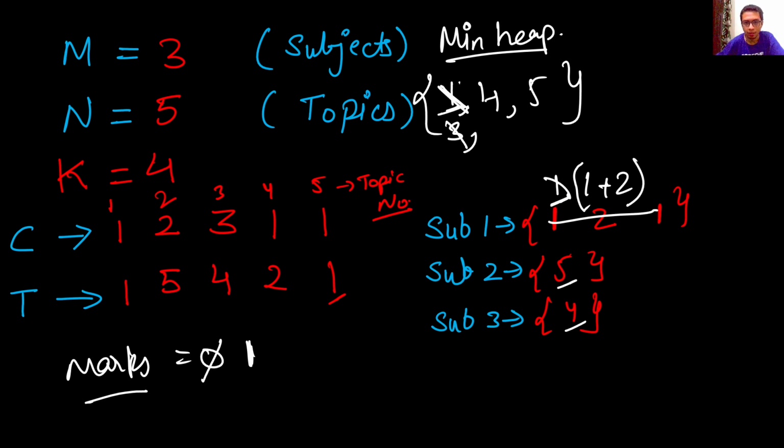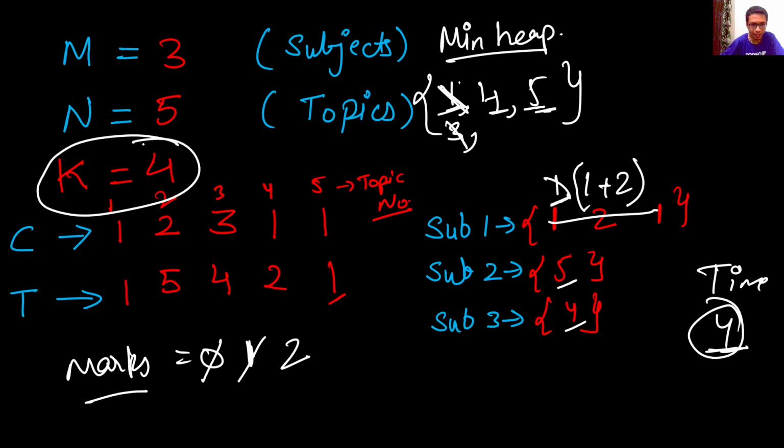So marks till now is 2, time till now is 4, right? So after this 4 hours, if I take any of these two, 4 or 5, my time would be greater than k, right? Hence I would simply stop here, and this 2 would be my answer, right?